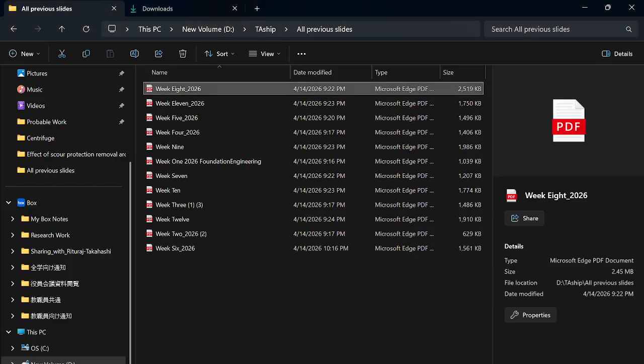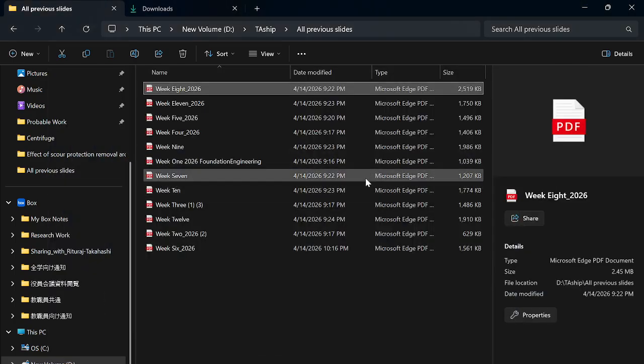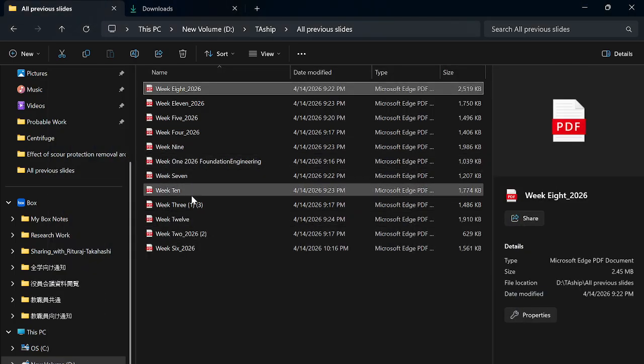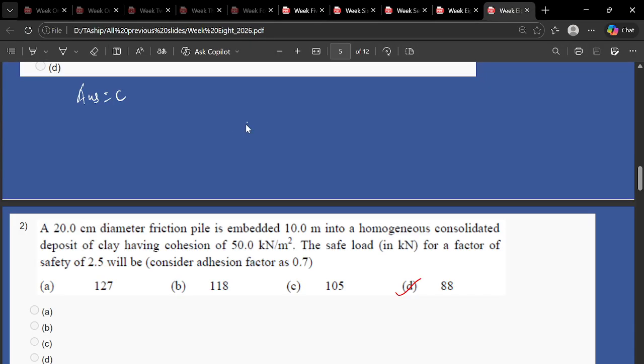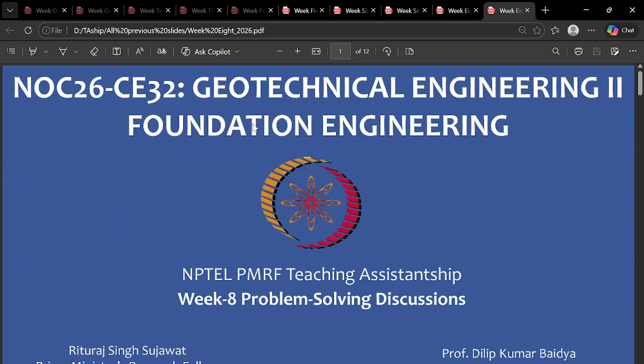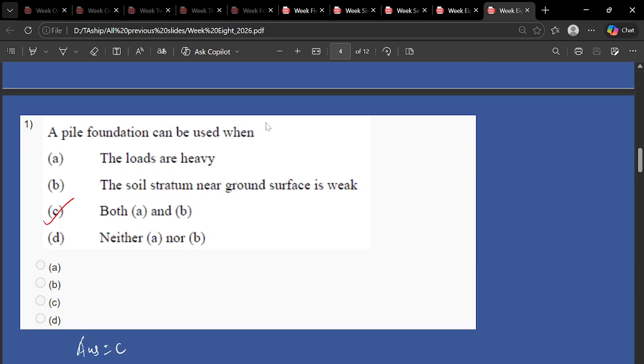Let's move to week 8. Week 8 is about deep foundations. One of the deep foundations we have taken into account is the pile foundation.